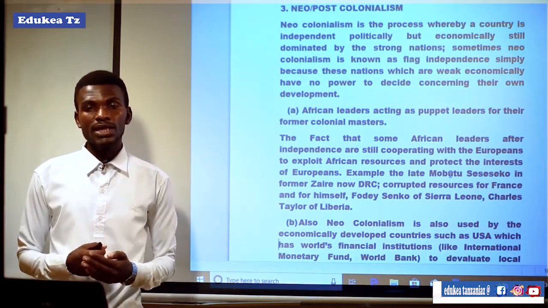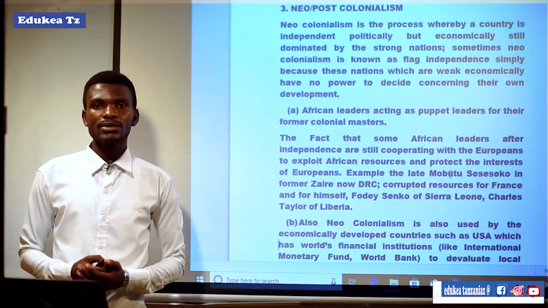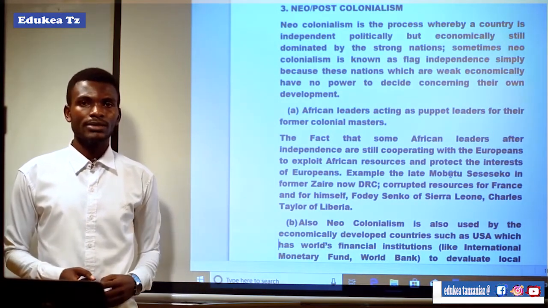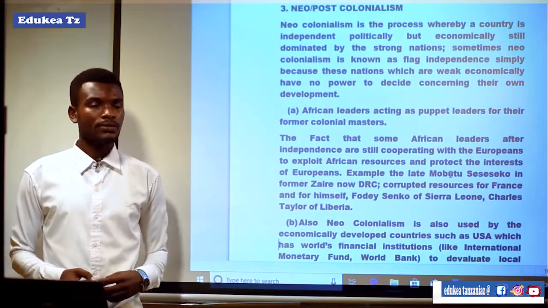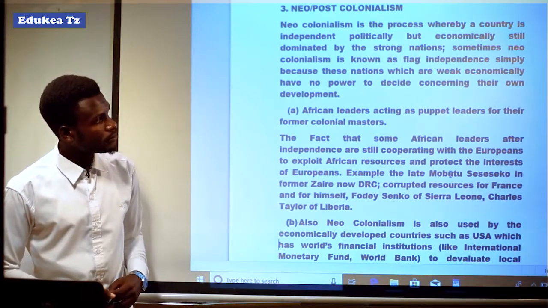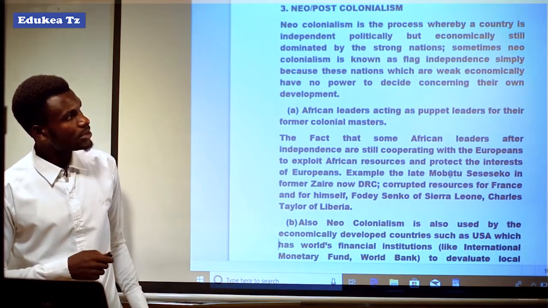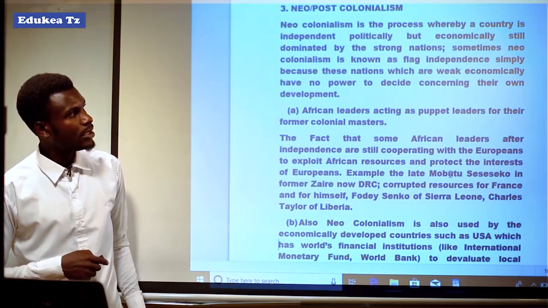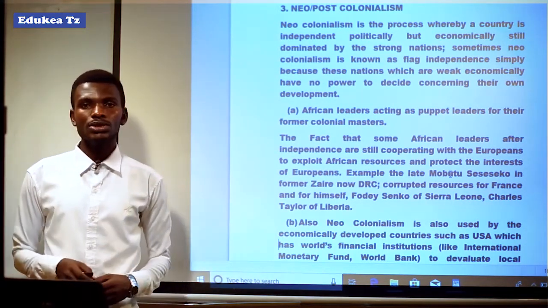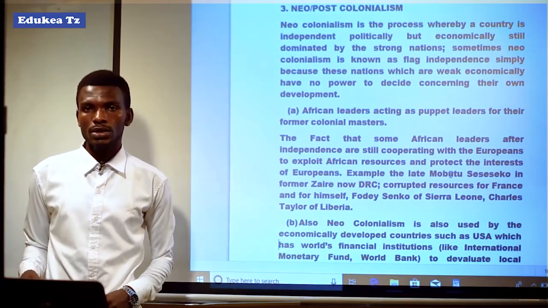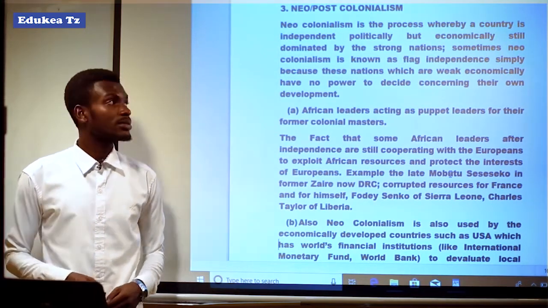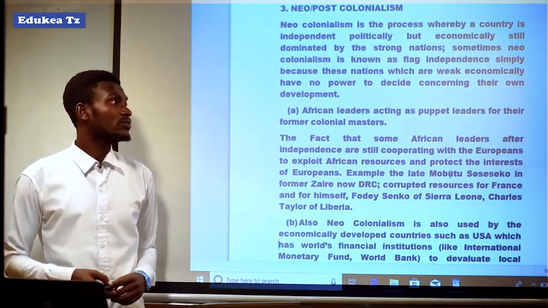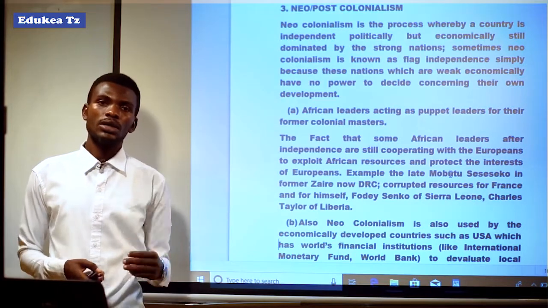It means that sometimes neo-colonialism or post-colonialism is called flag independence, simply because these nations which have weak economies have no power to decide what they have to do concerning their own development.